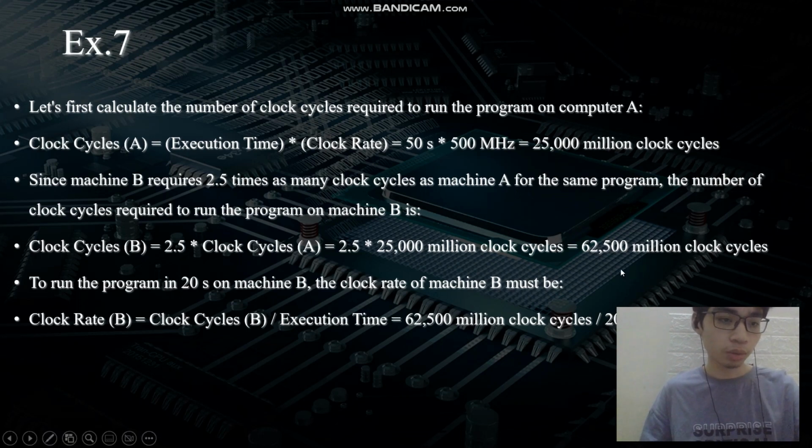Therefore, the answer is that machine B must have a clock rate of 3125 megahertz to run the program in 20 seconds.